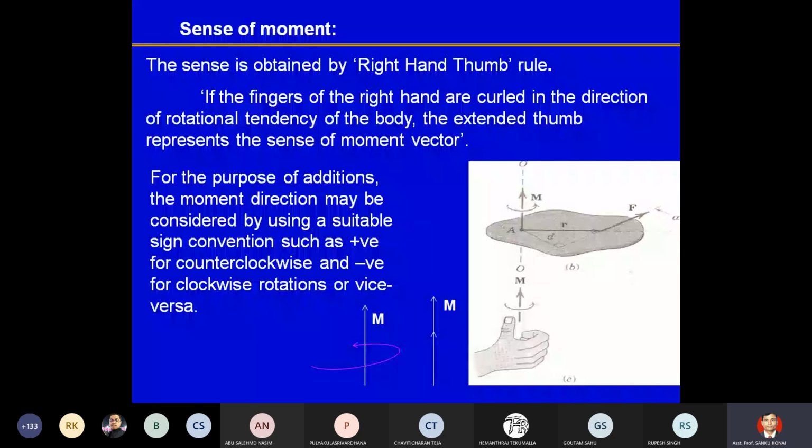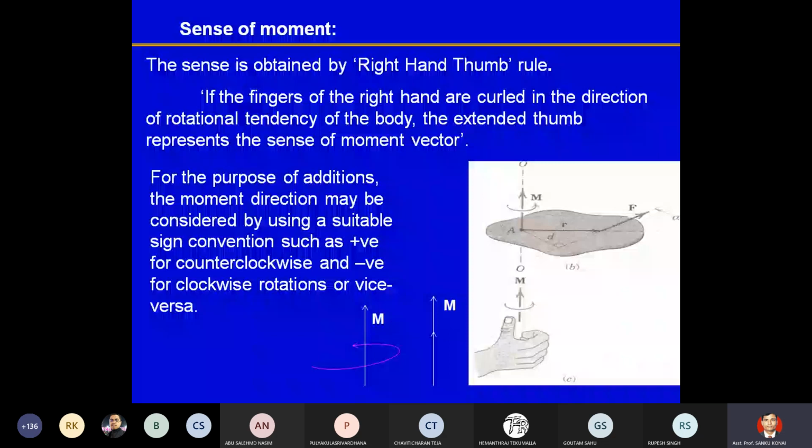So if the rotation is indicated by the four fingers, the way the thumb is pointing is your true sense of moment. If it is anti-clockwise, then the thumb will be pointing upward, and if it is clockwise, that is negative, then it will be pointing downward.